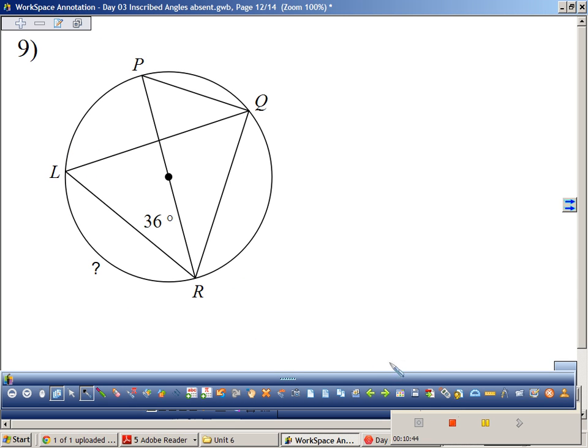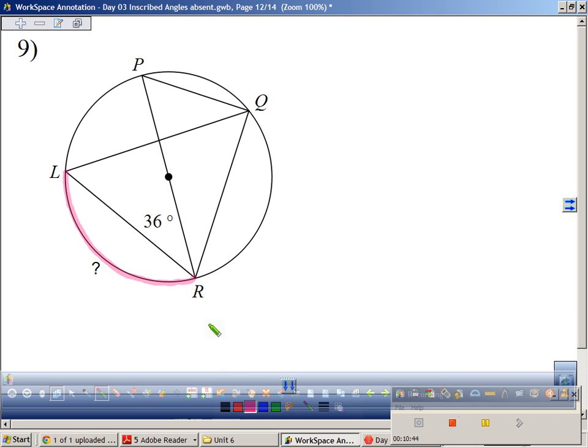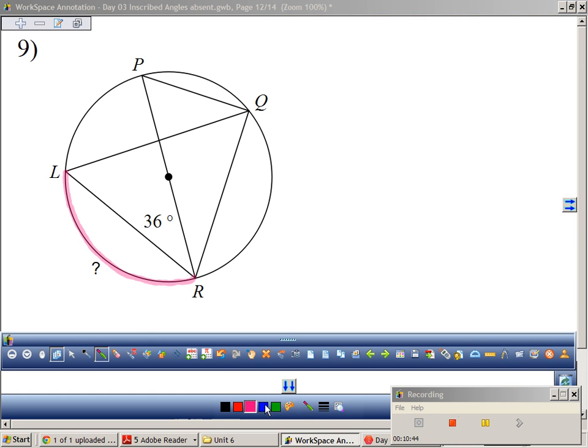I'll do number 9. Oh, it's right here. I'm like, what are we looking for? Okay, so I'm looking for the measure of arc LR. Well, they gave us the measure of the angle LRP, but it has a different intercepted arc.